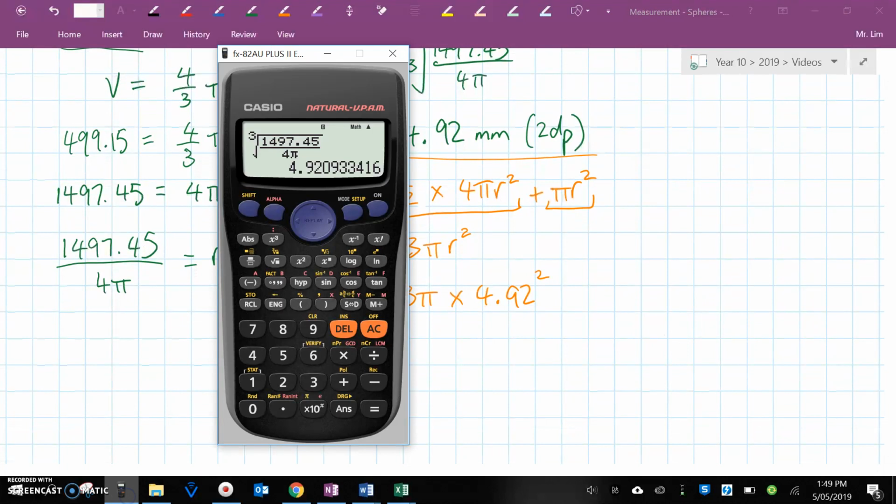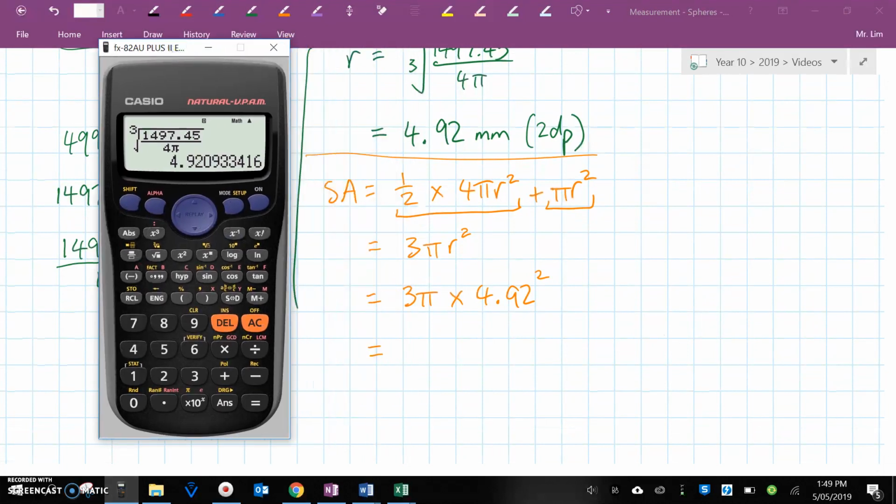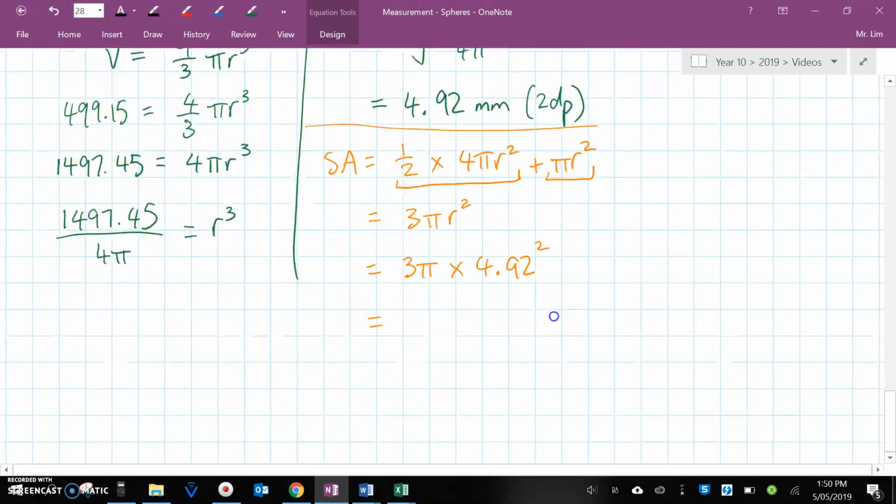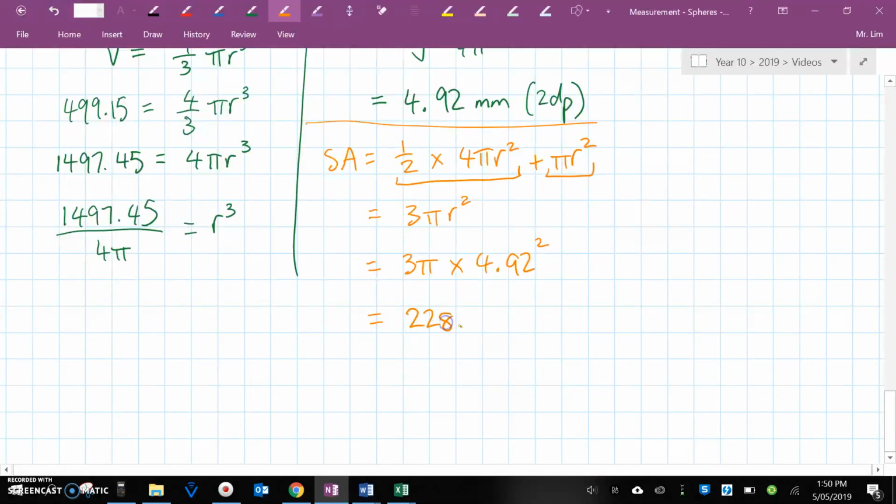Let's put that in the calculator. 3 pi times, now instead of typing 4.92 squared, I'm just going to keep it as accurate as possible. Because 4.92 was the last answer I calculated on my calculator, I'm just going to type answer and square that. 228.23 millimeters squared.